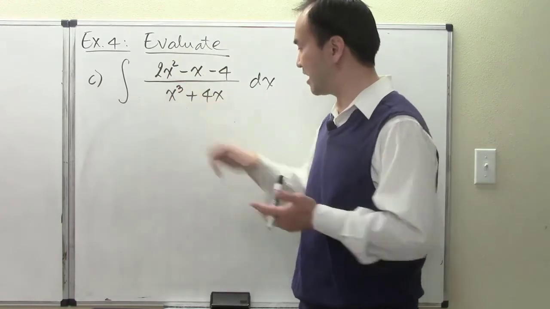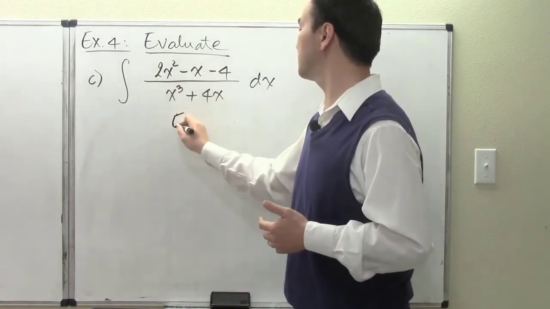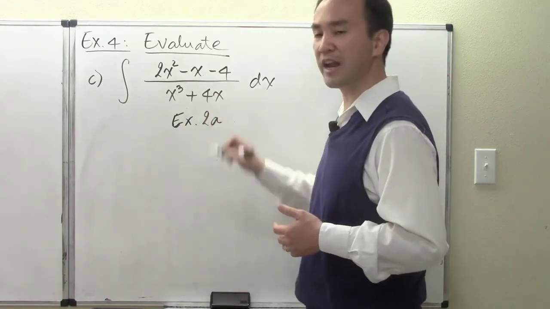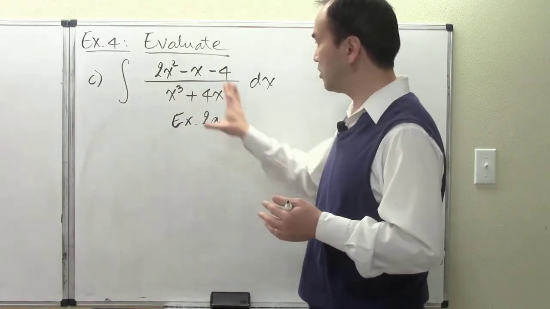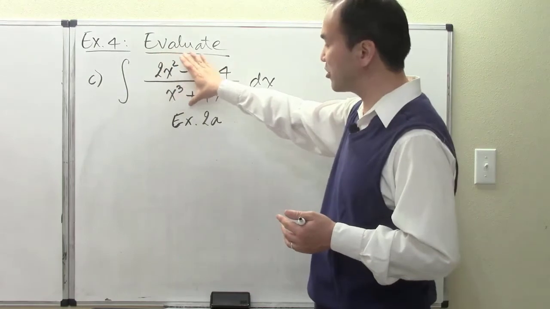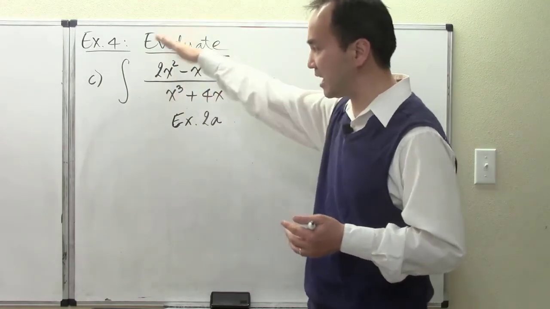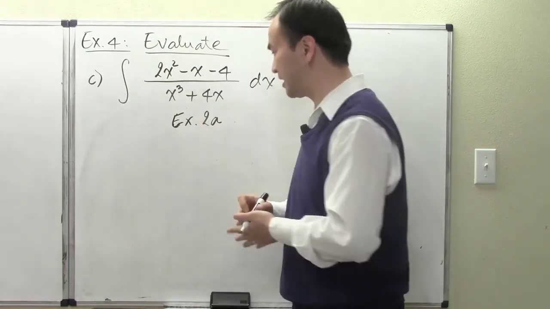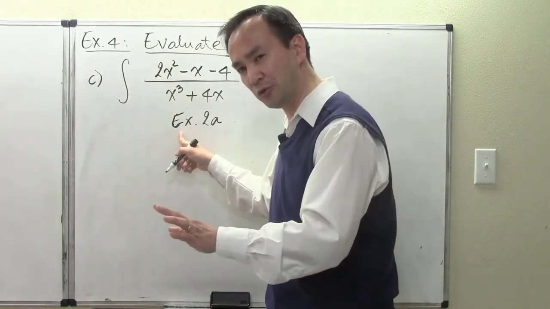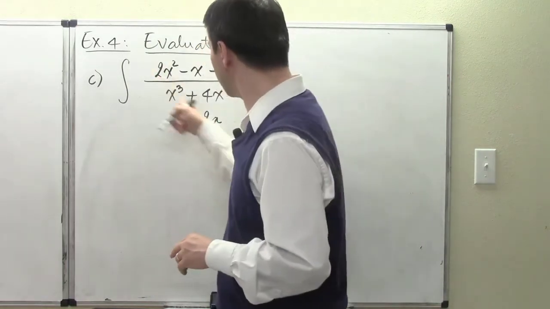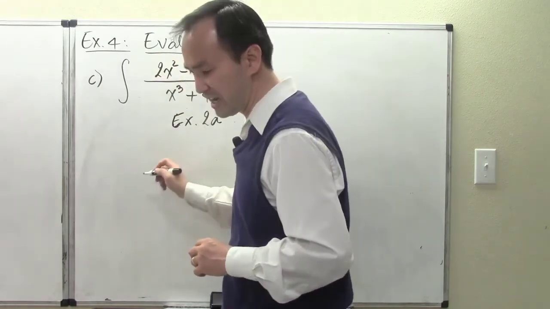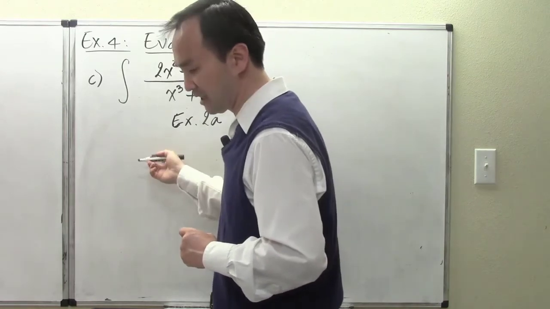This rational expression came out from example 2, part A, right there. So you have seen how I worked through the partial fraction decomposition process back in example 2, part A. So according to example 2, part A, this rational expression has the following partial fraction decomposition.